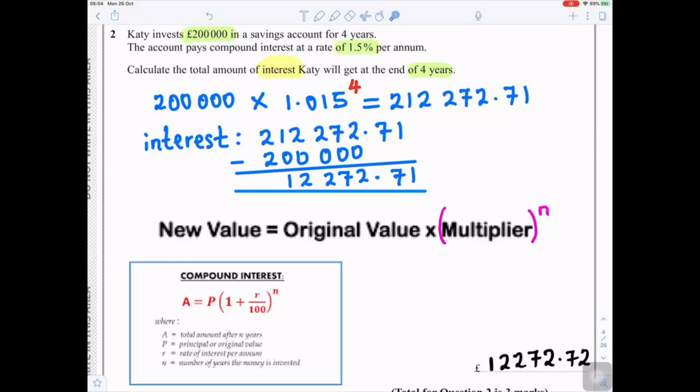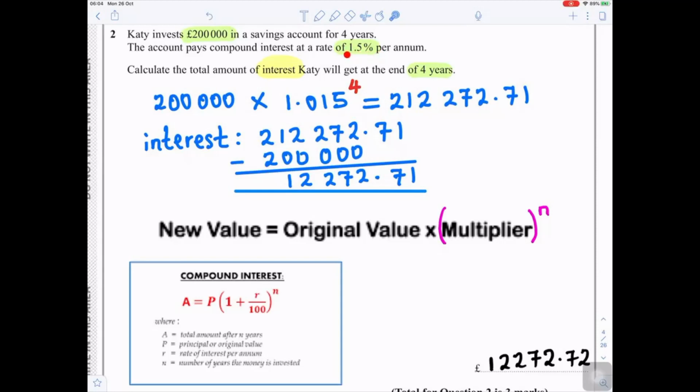Now, we're going to use this new value. Original value is 200,000, which is what Kathy invests in the savings account. 4 is the number of years. Now the interest rate is 1.5%, so we want to work out the multiplier.